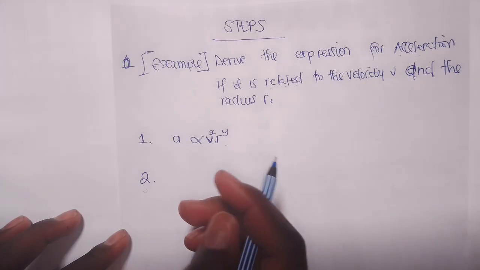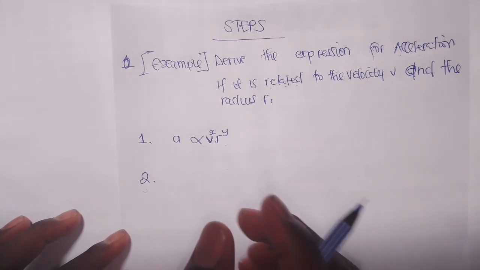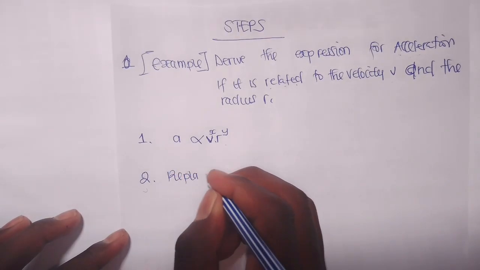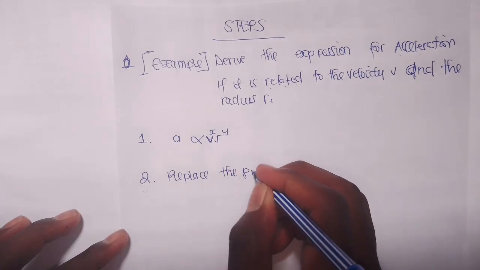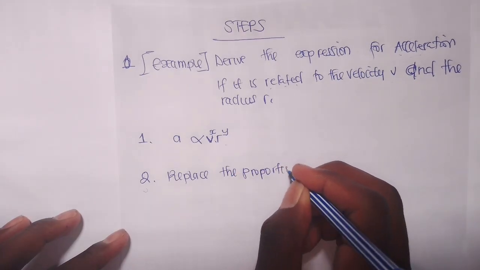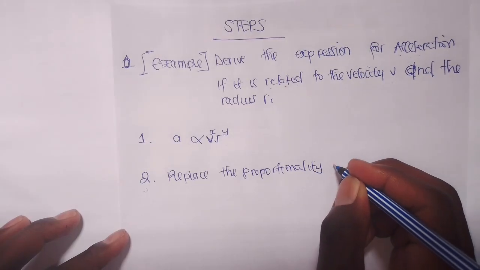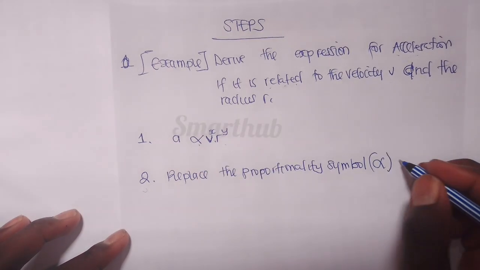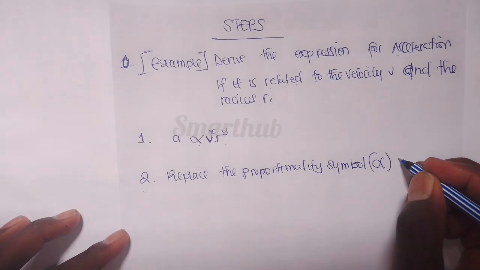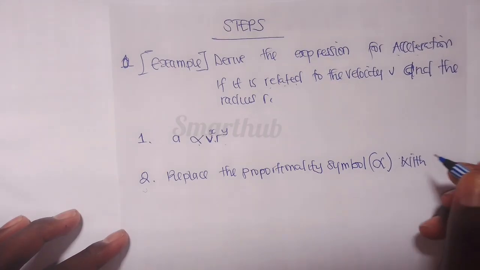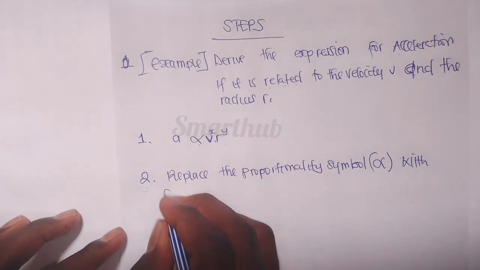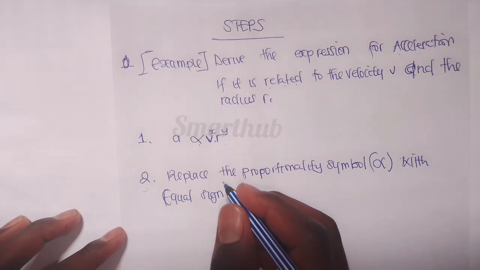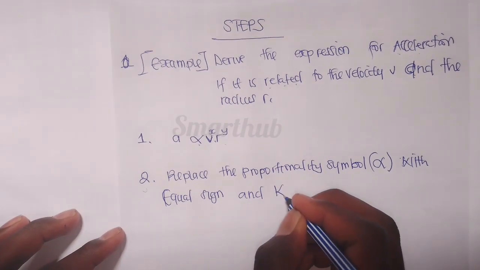Okay, so step number two, you replace the proportionality symbol with the equal sign and k, the constant.